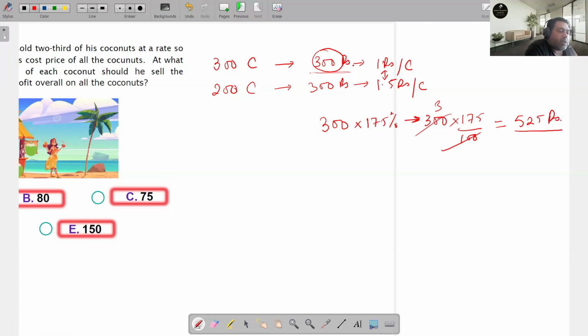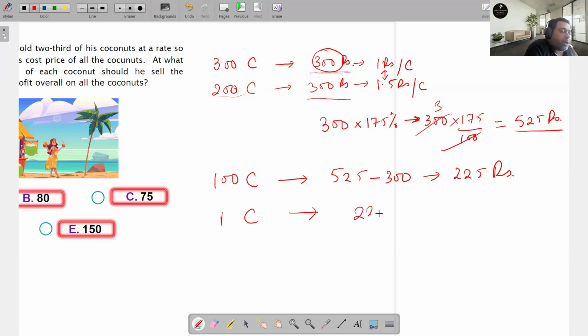Okay. So now I've already sold 200 coconuts for 300 rupees. So for the remaining 100 coconuts, he needs to sell at 525 minus 300, which means at 225 rupees. Which means one coconut he will be selling at what rate? 225 divided by 100, which is 2.25 rupees.